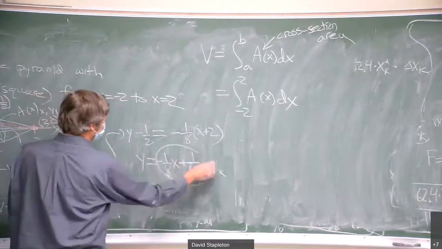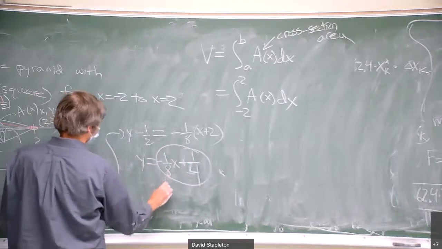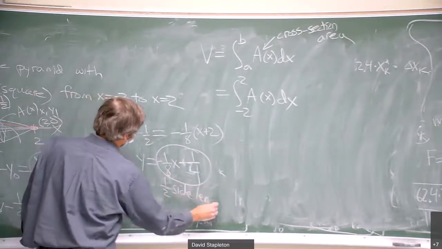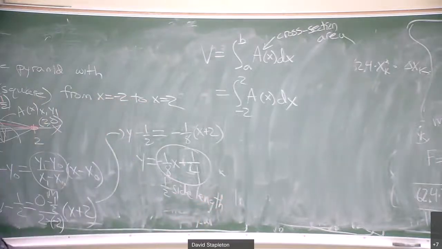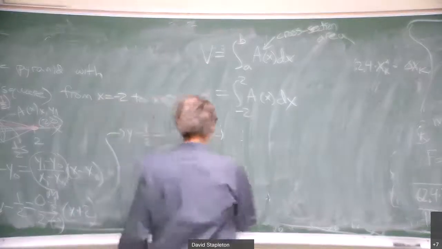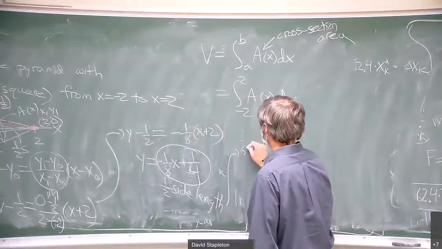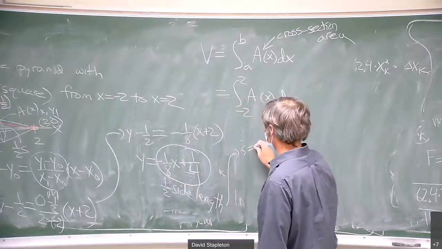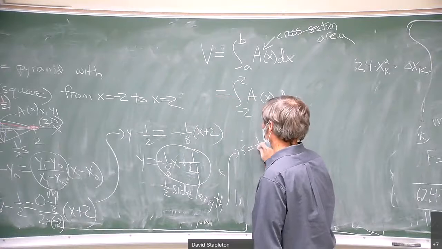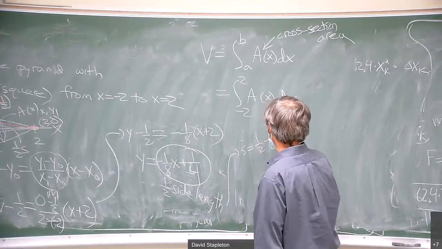But this is 1/2 of the unit, 1/2 the side length. Because it goes right from the middle of the square to the top at any point x. That's this one. 1/2 s is y. So the side length is twice that number, just double it, 1/2 minus a quarter x.